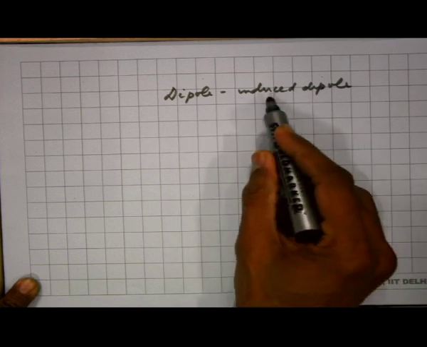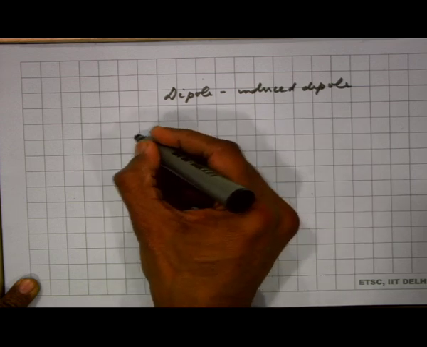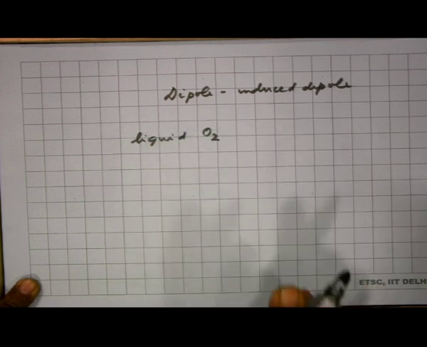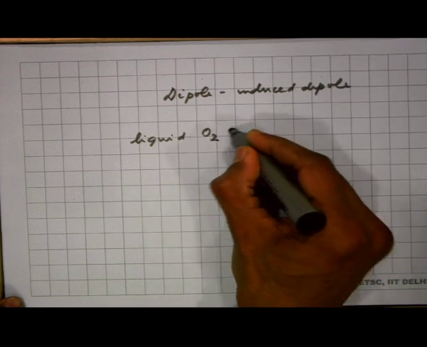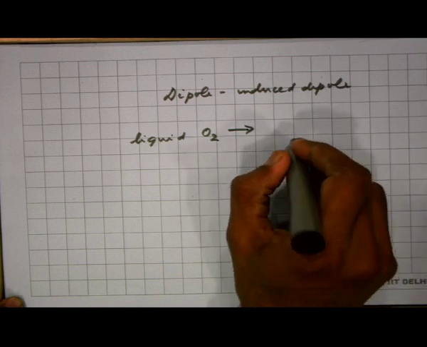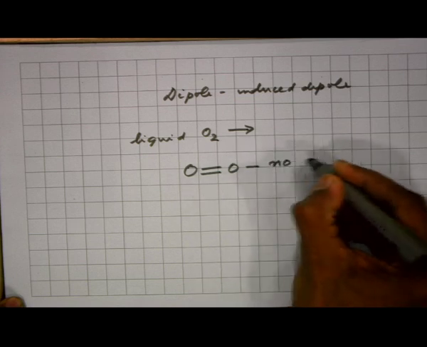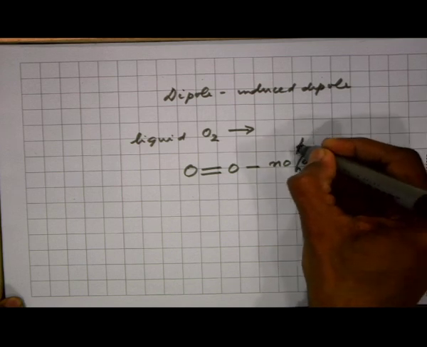But you do not need to have this. You could also have a situation where you took, for example, liquid oxygen. Now, you would start to wonder, if I have liquid oxygen, there is obviously no dipole to begin with. So, no permanent dipole.